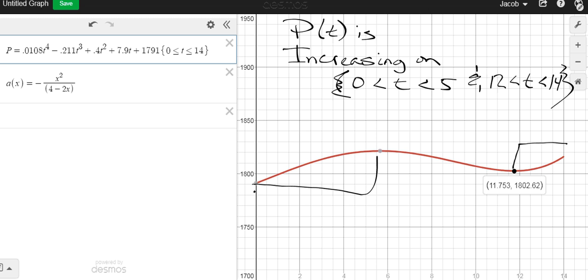During a 14-year period from 1990 to 2004, the population P in thousands of West Virginia fluctuated according to this model, where T represents the year, with T equals 0 corresponding to the year 1990. It's according to the U.S. Census Bureau. So what year between the years 1990 and 2004 does this population reach maximum?